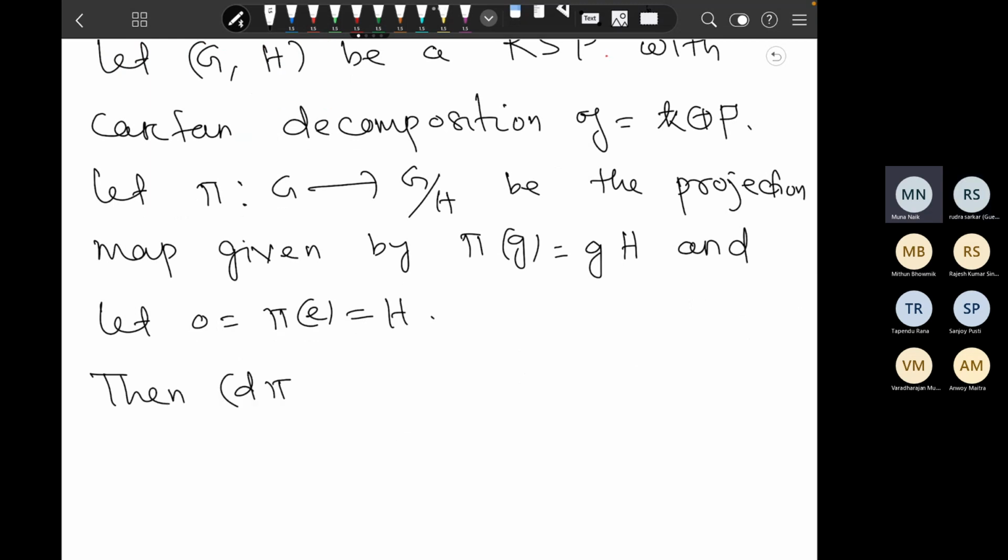Then d pi e from p to T naught G mod H is a linear isomorphism.